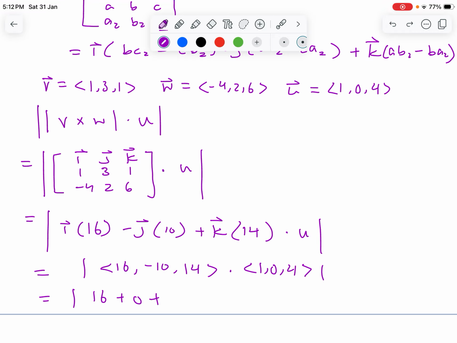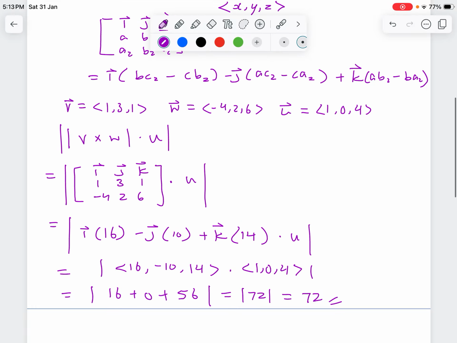And 14 times 4 is just 56. And when we compute that, 56 plus 0 plus 16, that's equal to 72, absolute value, which is just 72. So we have a volume of 72. So there you have it, that's our answer.